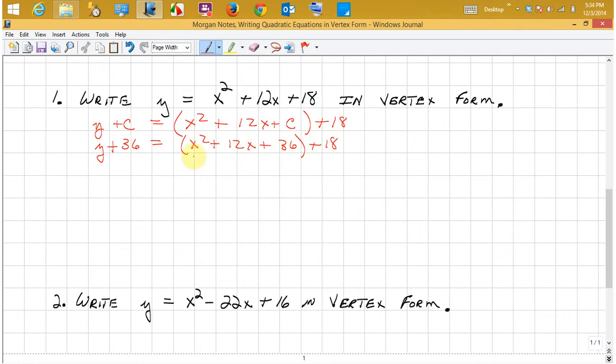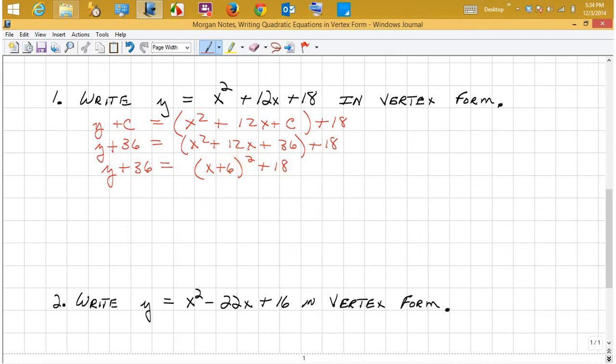And now I'm going to rewrite the part that's in parentheses as a perfect square. So x squared plus 12x plus 36 is going to be the perfect square of whatever half the 12 is. So that would be x plus 6 squared plus 18.